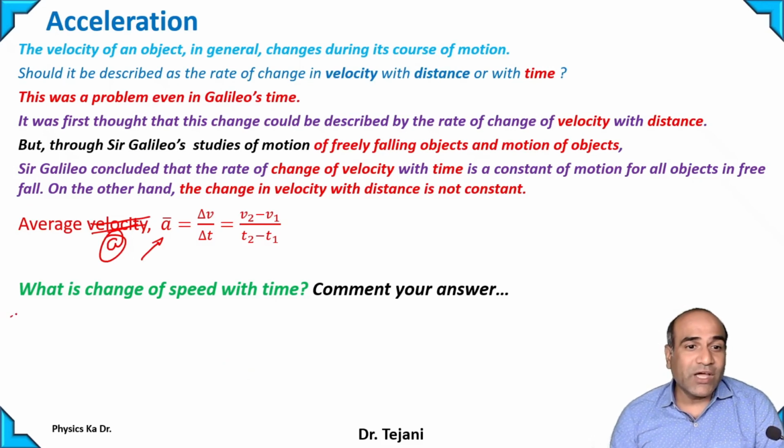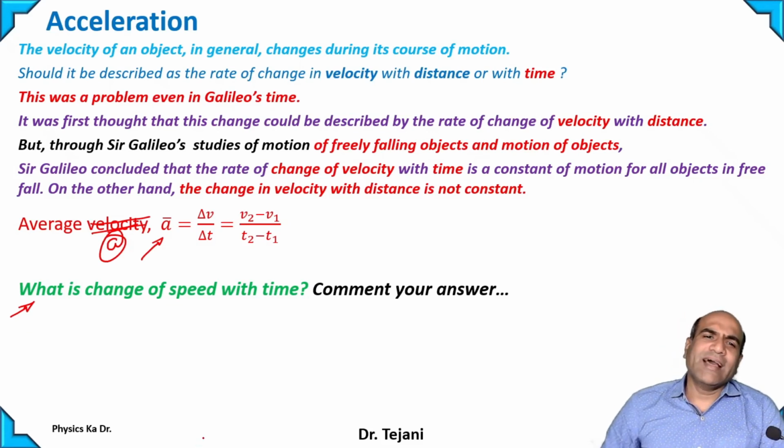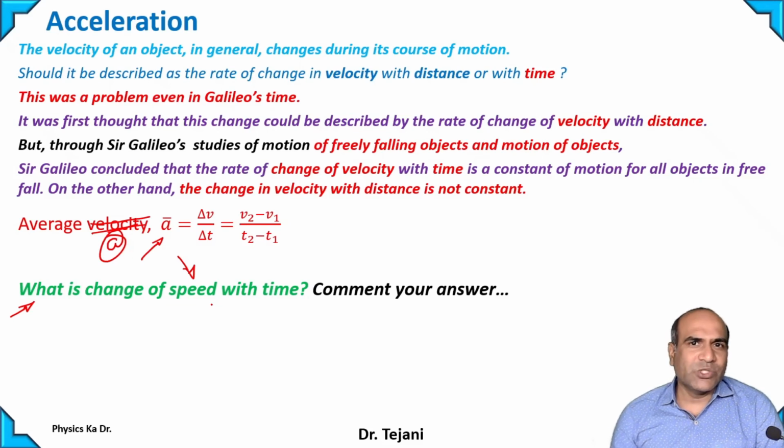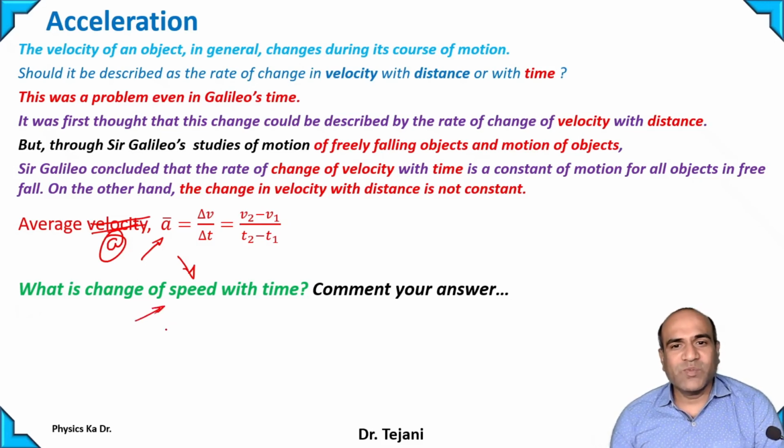Actually, we don't have any term for this. Alternately, acceleration is used for the change of velocity as well as speed. But you can be the next Galileo or next Newton by answering this question. You may give a name for the change of speed with time. Please comment your answer in the comment section.